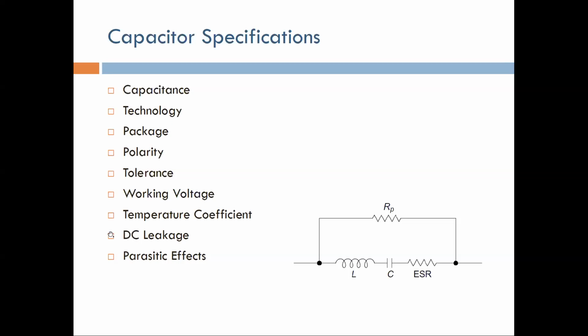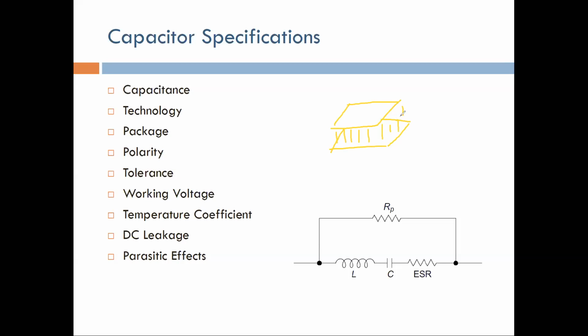The DC leakage, as I told you before, is as if we have a resistance, the insulation between the two terminals. Let me draw it for you. Basically, we said that the capacitance is just a pair of plates like this, and in the middle between the two you have some kind of dielectric or insulator.